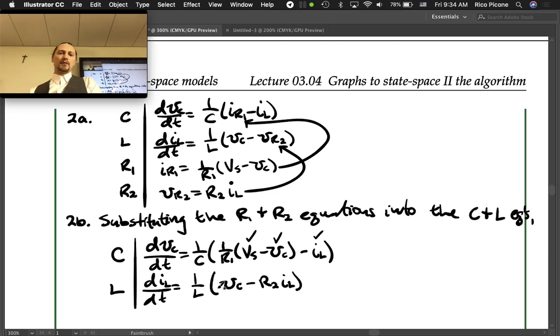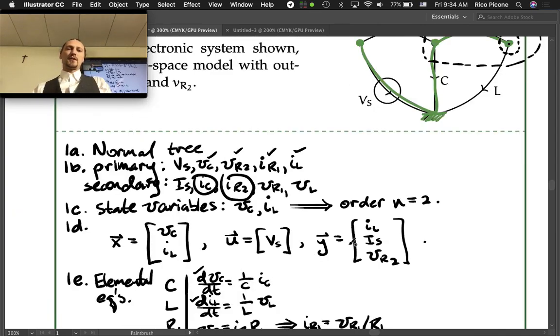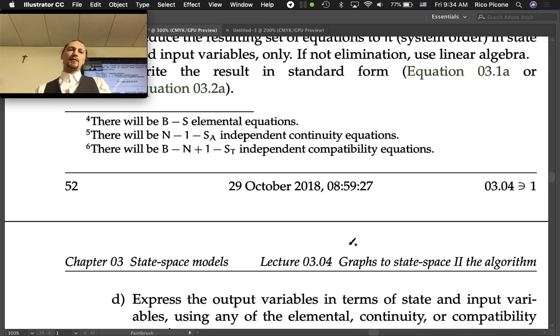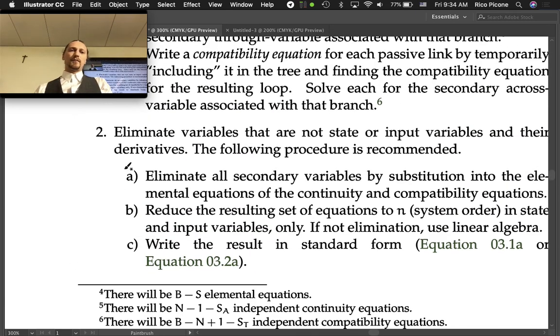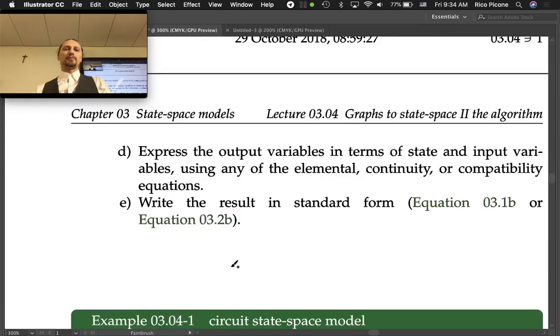And this one has Vc, a state variable, and IL, a state variable. So it's ready to go as well. And they're already solved for the first derivatives. So we're ready to put it into the standard form. So this is 2b we've completed now. So we did A, B. So now we need to write the result in standard form.